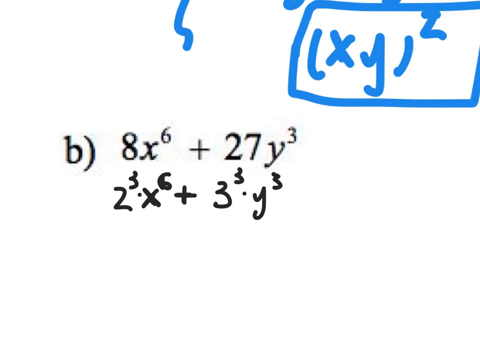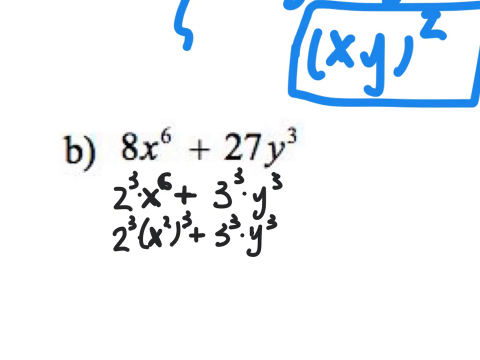What I want to do on this one is rewrite this as something to the 3rd power. Now, my rules of exponents say this: if I take 2 cubed times x squared, that quantity raised to the 3rd power, when I take something raised to an exponent raised to another exponent, I multiply my exponents, and that would give me 6. Then I still have plus 3 cubed times y cubed.